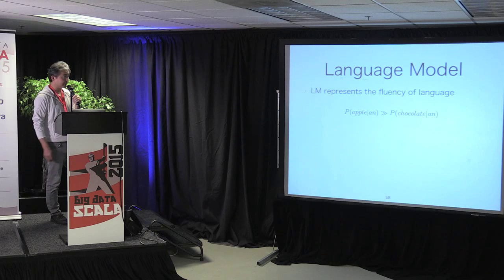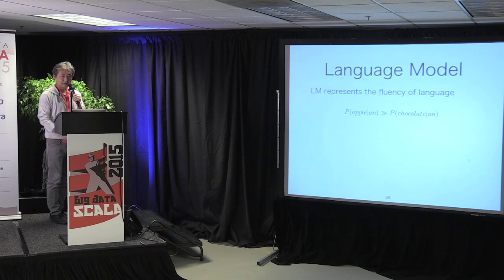It represents the conditional probability of the word apple given that the word an has occurred. Because an apple is more fluent than an chocolate, the probability of the left side member is large enough compared to the probability of the right side member.